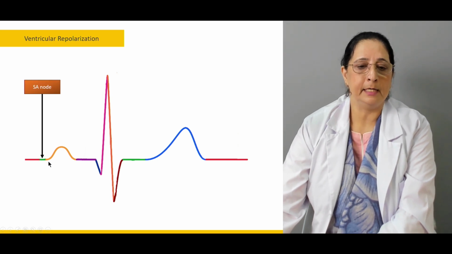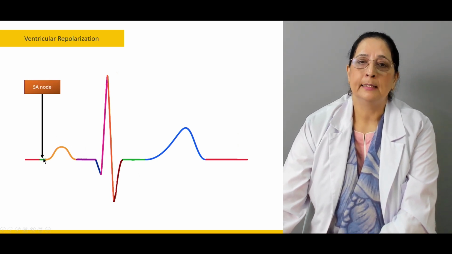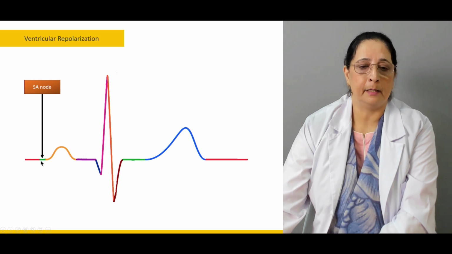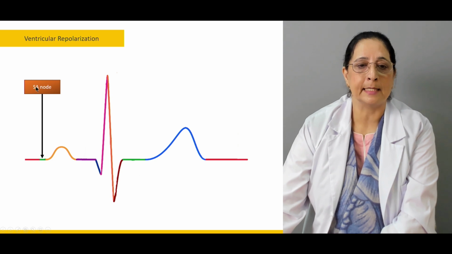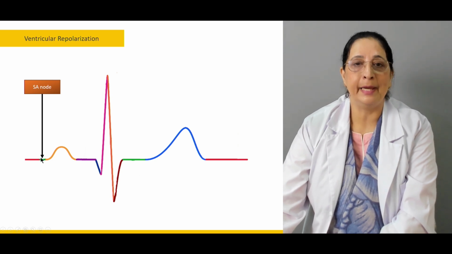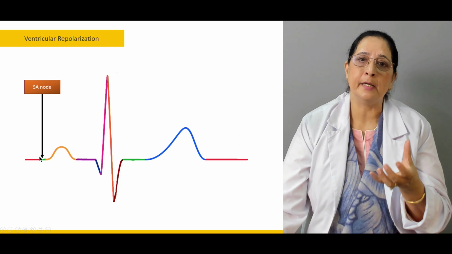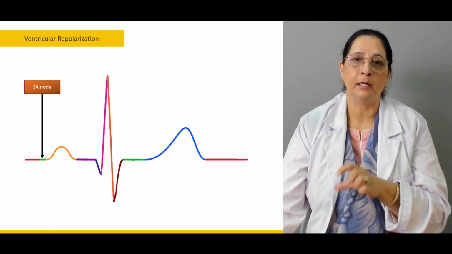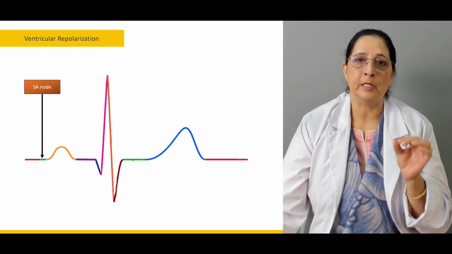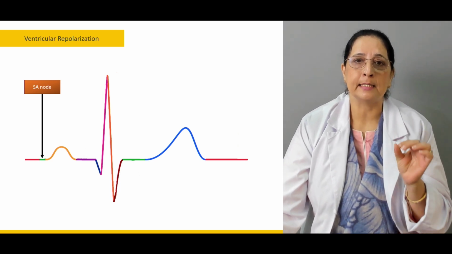Here, this part of the cycle is generated when the impulse comes from the SA node. I already mentioned the SA node is the pacemaker of the heart, so the first impulse is generated in the SA node.